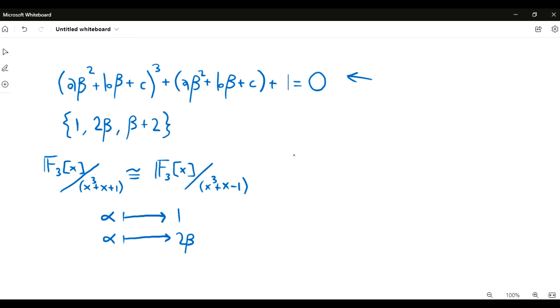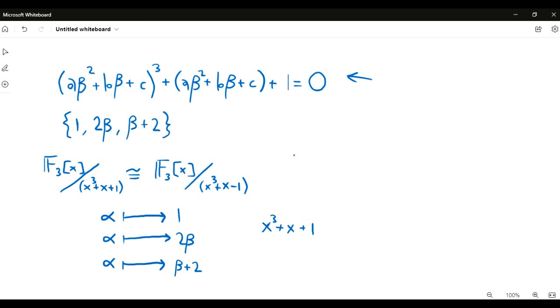And so looking at this, this isn't really that surprising because we're working in this case with fields where we're dividing by a degree 3 polynomial, right? And so wherever we're sending our x bar, right, wherever we're sending our alpha, it needs to be something in this new field that's actually a root of the polynomial x to the third plus x plus 1.